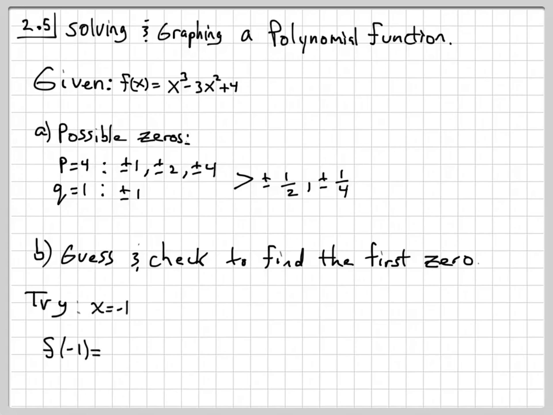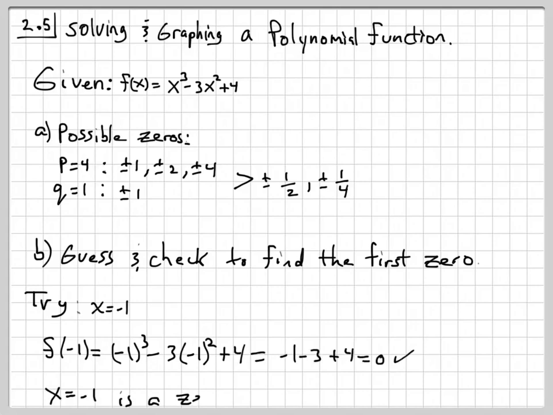And I'm going to do that by trying one of the possible zeros that I got on top, and plugging it into the original equation. So I will try x equal -1. So I'm going to plug in -1 into f. And this gives me 0.